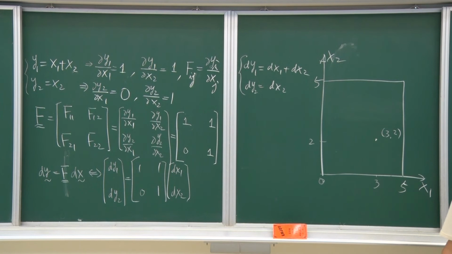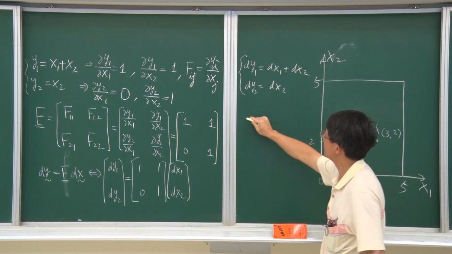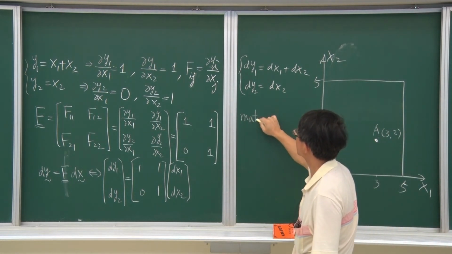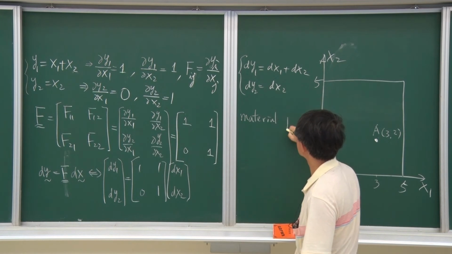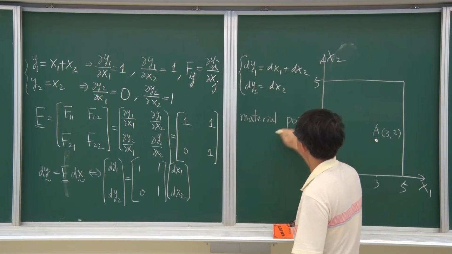Every point will have the same deformation gradient, as we mentioned before. 3, 2 is the material point we want to discuss. 我们就讨论这个材料点。Point A is 3, 2, so we just mark down material point A.